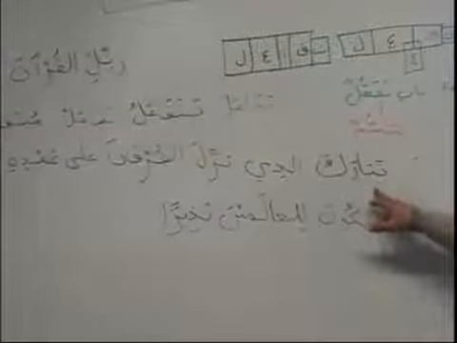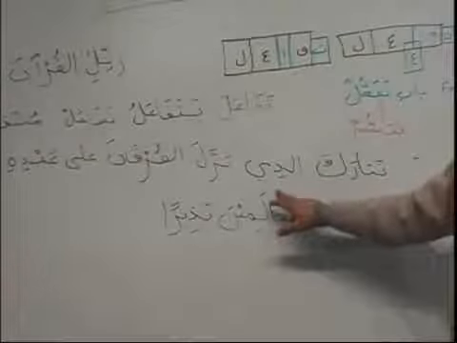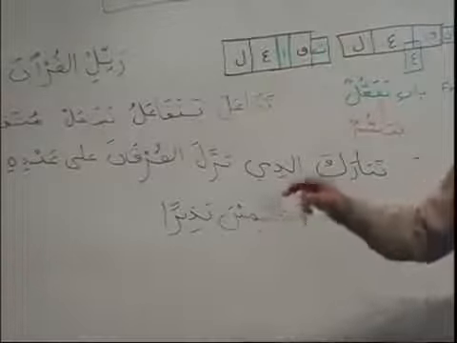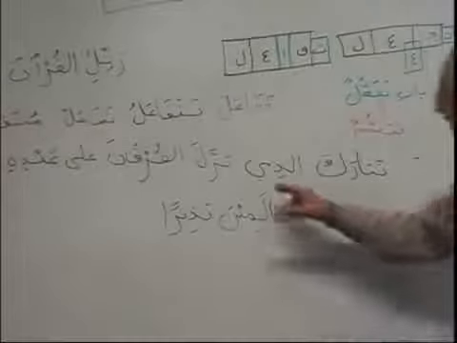What did he bring down? Al-Furqan. For what purpose? And on whom did he bring down? Are you with me, brothers and sisters? So, tabaraka is fi'l madi. Alladhi, ism mawsul, here it is coming as a fa'il. And then nazzala, form 2, bab tafa'il.